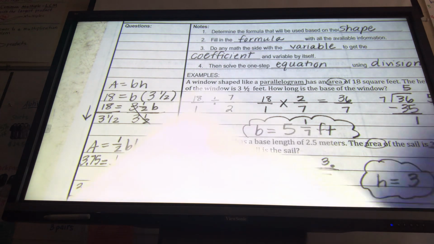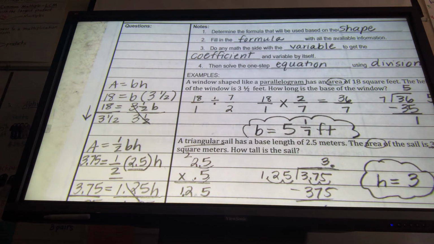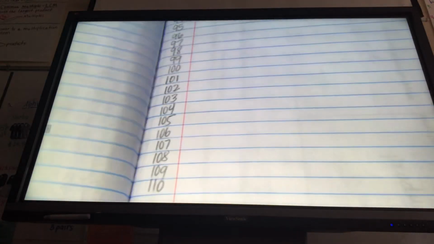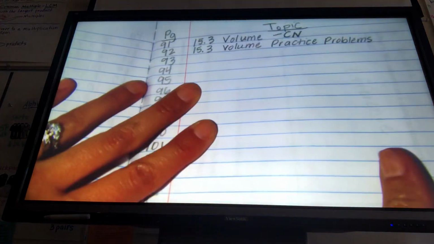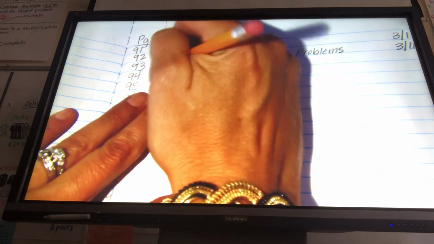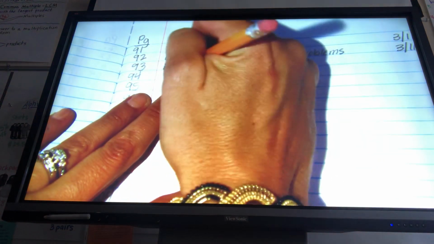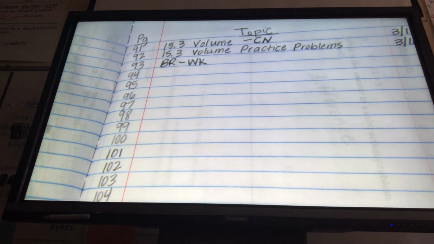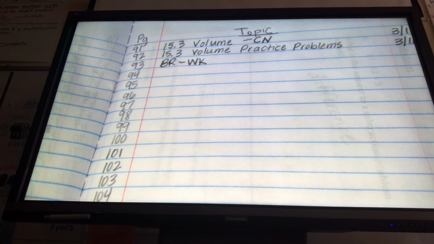So yesterday in our table of contents, which we weren't able to fill out because I was not here, we had on 93 bell ringer. What was our bell ringer week? 24? 26. 26.